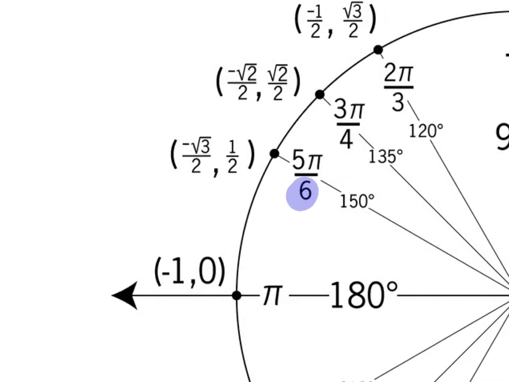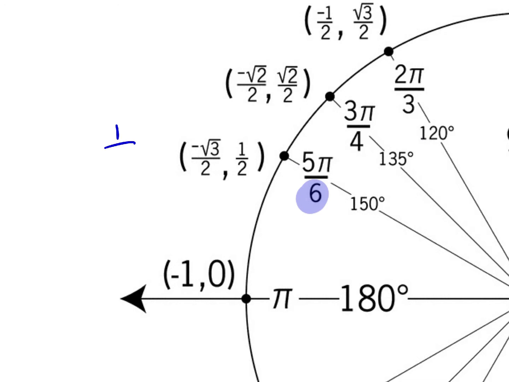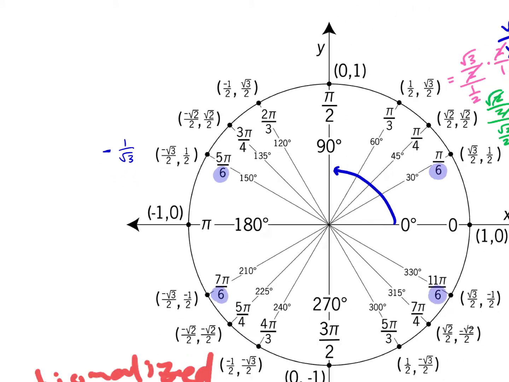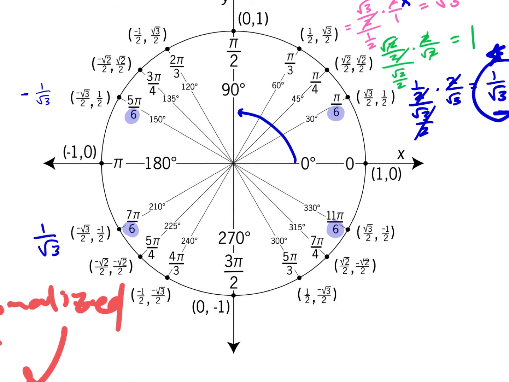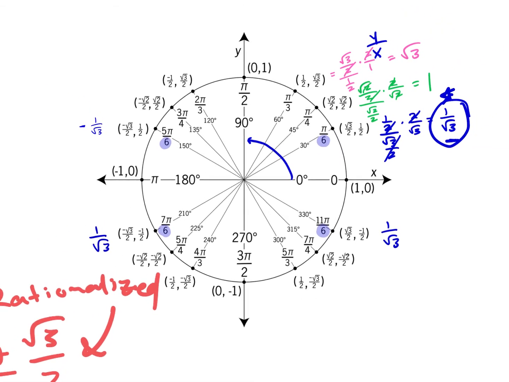When you divide these, it'll be 1 over square root 3, but you have a negative and a positive, so this will be negative. For this one, you'll have 1 over square root 3, but you have 2 negatives, so it'll be positive. And then the 11 pi over 6, you have 1 negative and 1 positive, so it'll be negative 1 over square root 3. So this could be all 4 solutions?